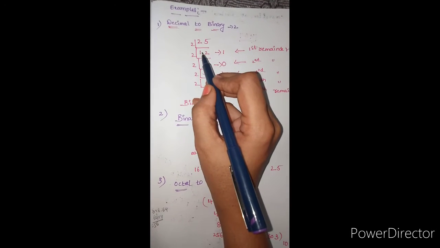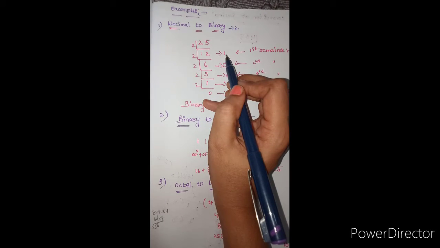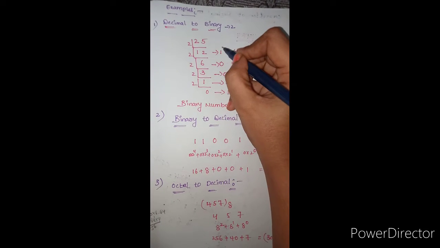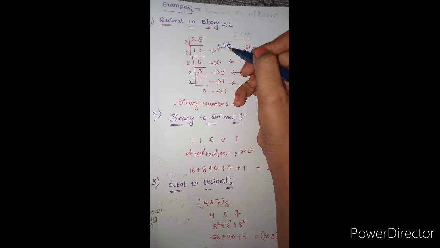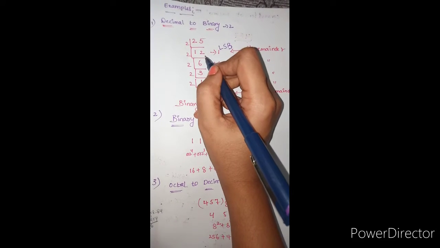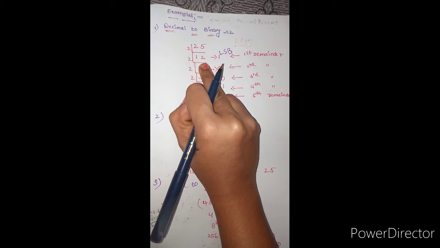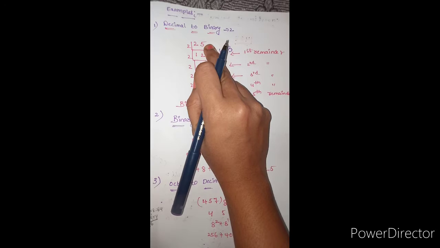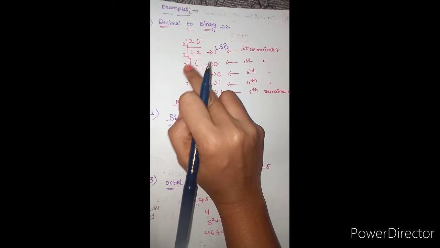2 ones are 2, 2 twos are 4. Here the remainder is 1. This is the first remainder, the LSB, least significant bit. And 12 is the quotient. Divide this quotient obtained from 25. The remainder is 0, since 2 sixes are 12.